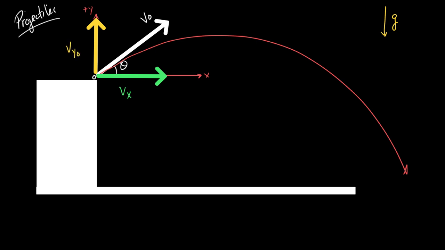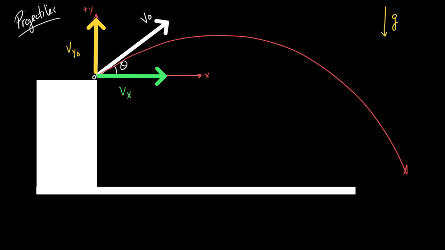I'm putting the initial symbol there, not just to designate that it's in the y direction. We already kind of cleared that up. But the 0 there is to remind you that it will be experiencing an acceleration. So it will only have this velocity at the moment of launch. Let me say that again, and I'm going to say it in very specific language.